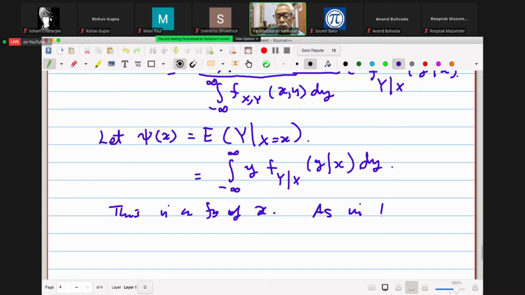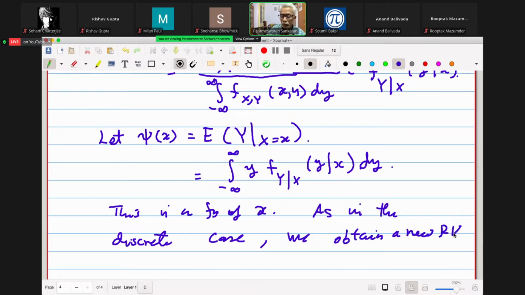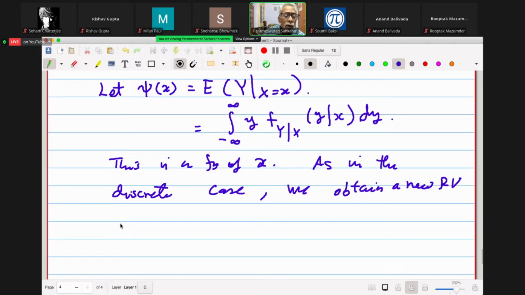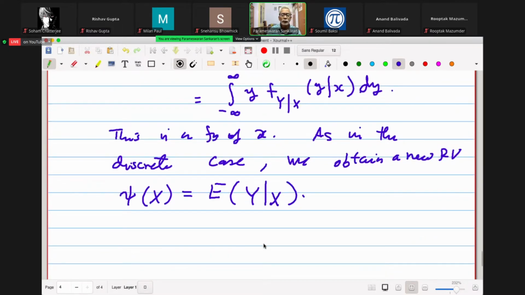As in the discrete case, we obtain a new random variable, psi of X, and it is actually denoted as the expectation of Y given capital X. This is a notation, and in fact you can think of this as the definition of the random variable expectation of capital Y given X.